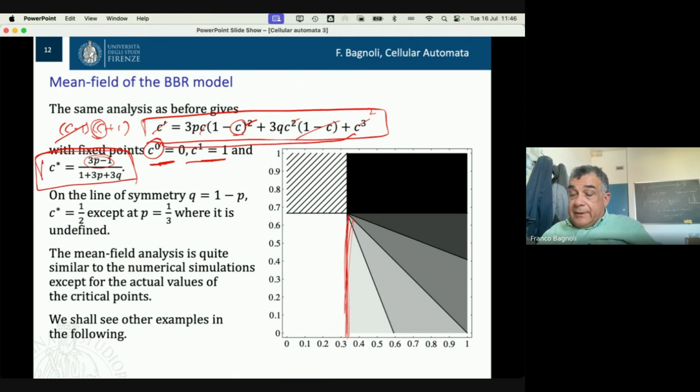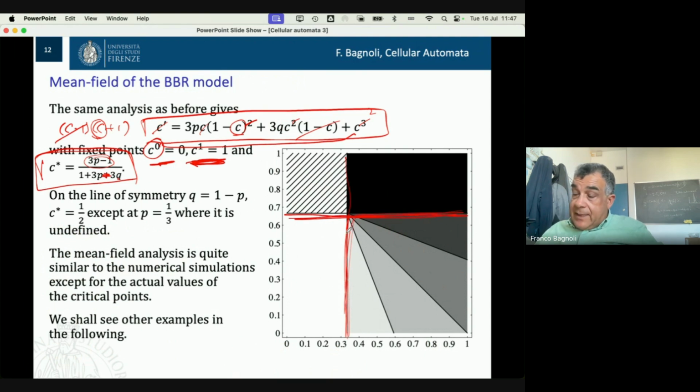And if you put here q equal to 2/3, you see that this becomes 2 plus 1. No, this should be minus. So 1 becomes minus 1. So you simplify 3p minus 1 with 3p minus 1.